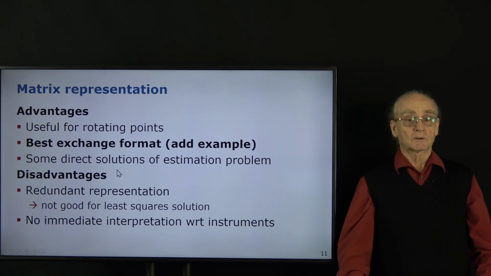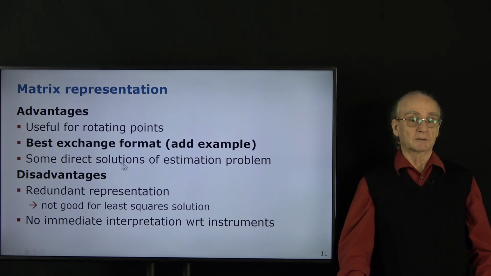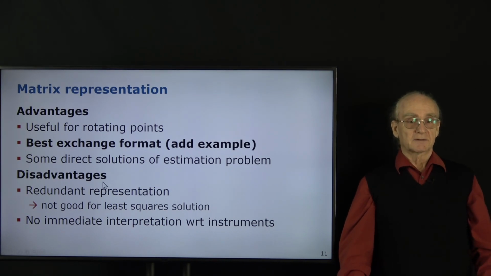And then there are quite some direct solutions for determining the rotation matrix from some given entities. They directly lead to a rotation matrix. And these direct solutions are important because if a solution of a problem is direct, we mean that it works without any iterations.